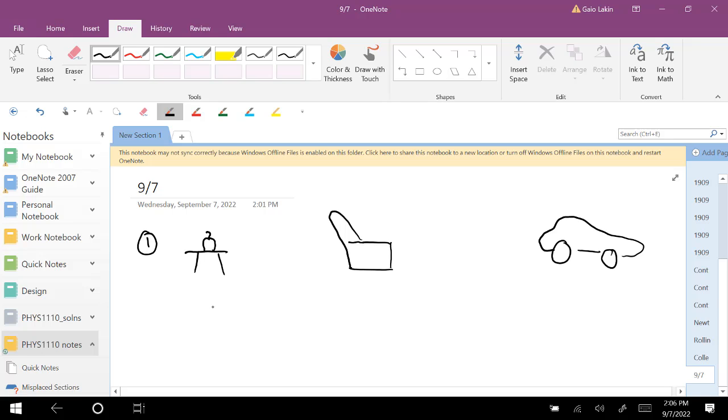And let's say that from the kitchen to the chair is a distance of 10 meters. And from the chair to the car is 30 meters.